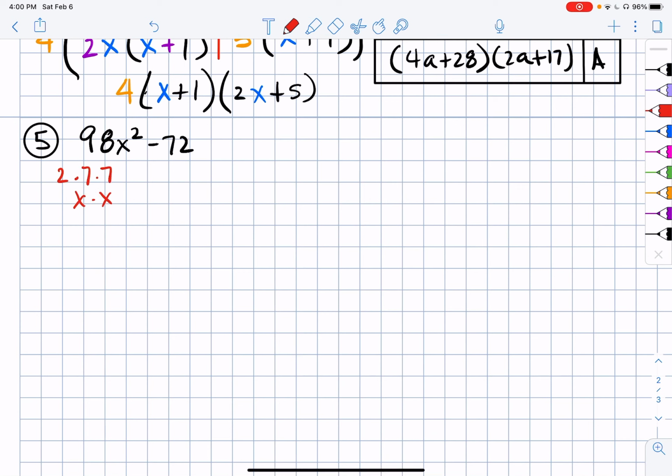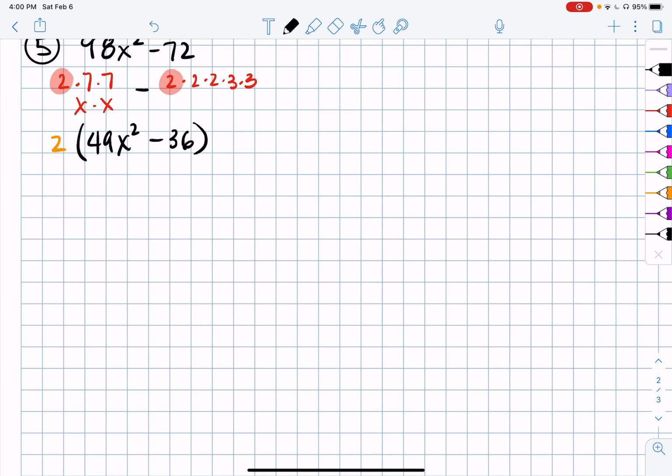And 72 is going to be 2 times 2 times 2 times 3 times 3. Okay, and I got the subtraction in the middle. All right, so that means my GCF is going to be a 2. I got nothing else in common. Right? No x's, no other numbers. My GCF is going to be 2. And it's going to leave me with a 49x squared minus 2 times 2 times 3 times 3, which is 36.